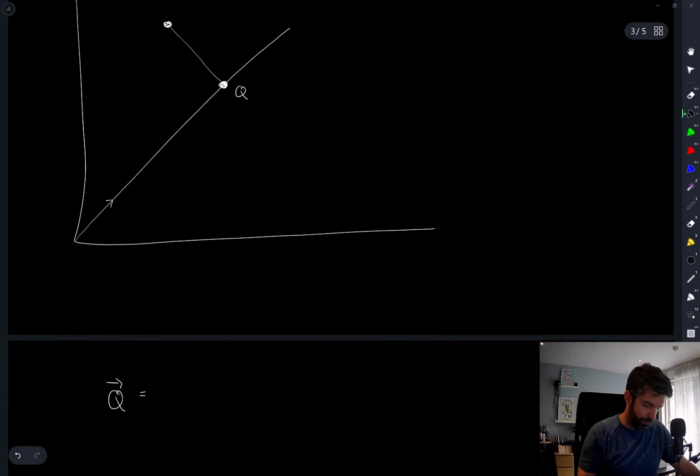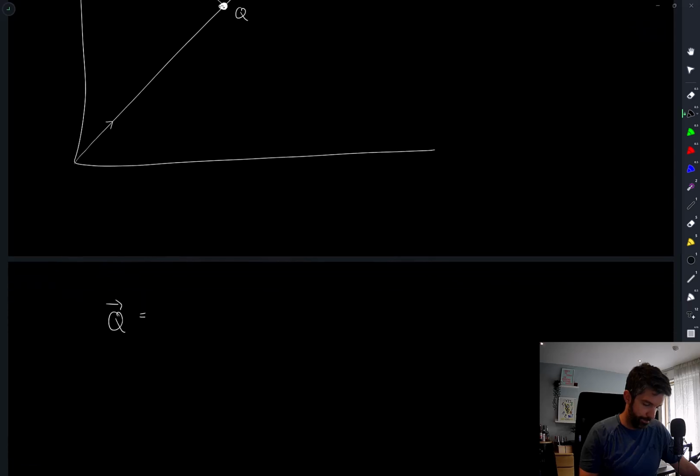This will be equal to (25, 75) dot (2, 1).